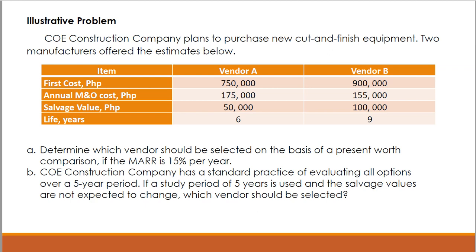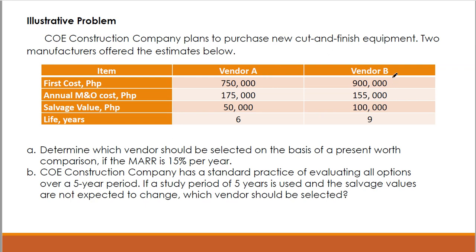So, COE Construction Company. There are a lot of companies of COE. COE Construction Company plans to purchase a new cut and finish equipment. Two manufacturers offered the estimates below, vendor A and vendor B. The first cost for vendor A is 750,000.